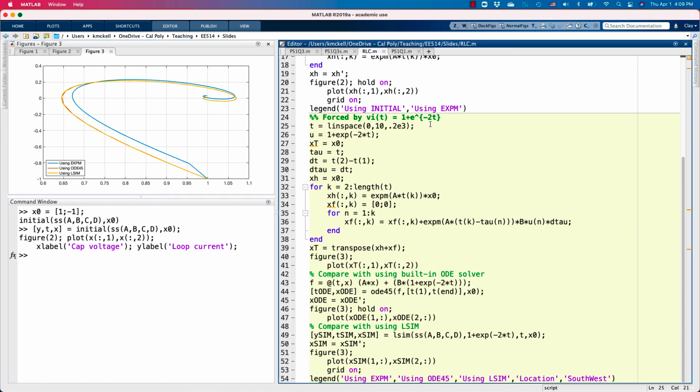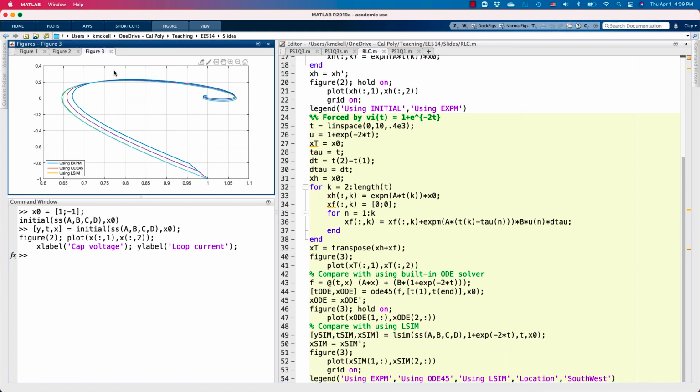The downside of making this even finer is it's going to take longer to run because this is a nested for loop. Wait for it. Yeah, so already it's getting better. So this initial jump is getting less and less coarse.